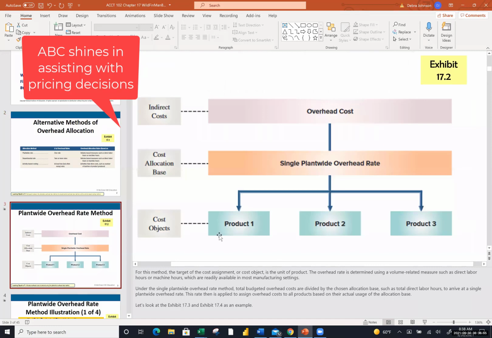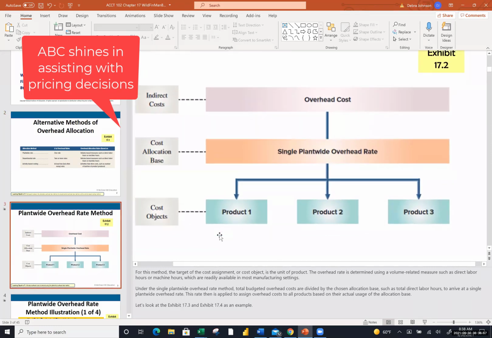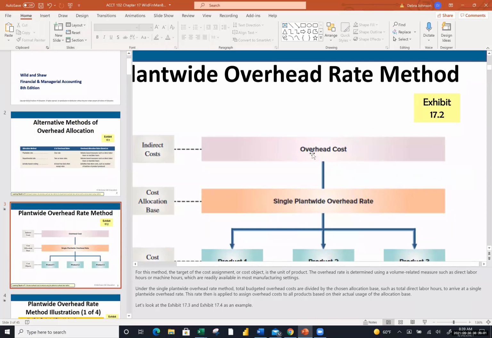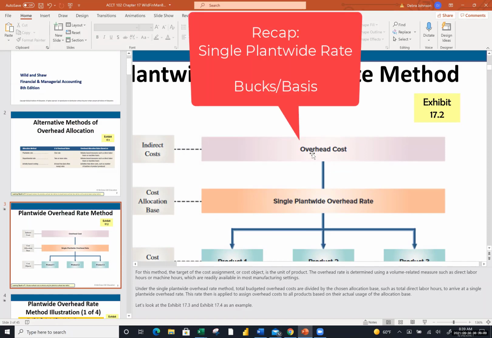So again, this is a PowerPoint that your author put together. This is a single plant-wide rate up at the top. It's basically two layers of calculation. Pool the overhead. It could actually even be one account called overhead if you had an unsophisticated company. Then the company has to budget whatever it is that they best think that overhead is based on.